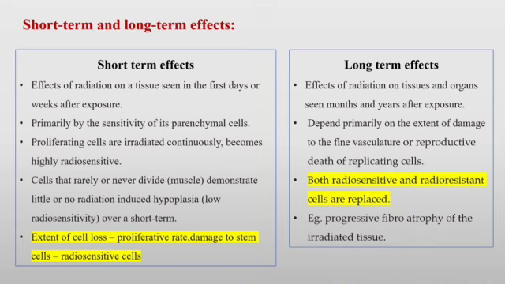Therefore both dividing and non-dividing cells, that is radiosensitive and radio-resistant cells, are replaced by progressive fibrosis. So progressive fibroatrophy of irradiated tissue occurs.